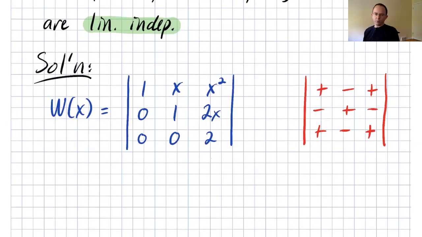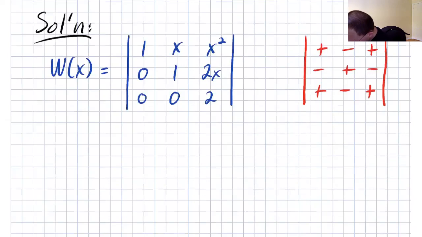Now, a general rule when choosing which row or column to use, you're going to get the same answer no matter what. But it's often a lot easier if you use a row or column that has a lot of zeros in it. And we'll see why that is the case. But for now, let's start with just using the first row, and then maybe we'll use a different row or column. Maybe we'll use this first column because that looks pretty easy to use. But let's start by using this first row.